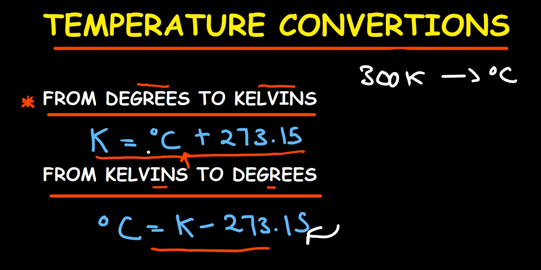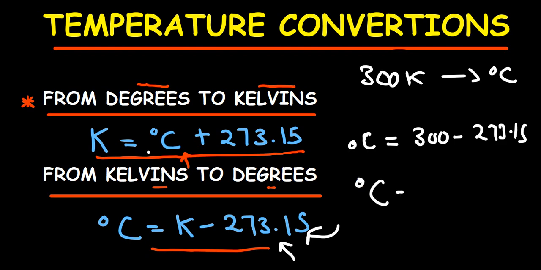The temperature in degrees Celsius equals the temperature in kelvins minus 273.15. You punch this value on your calculator and you're going to get 26.85 degrees Celsius. So this is how we can use this definition to change the units.